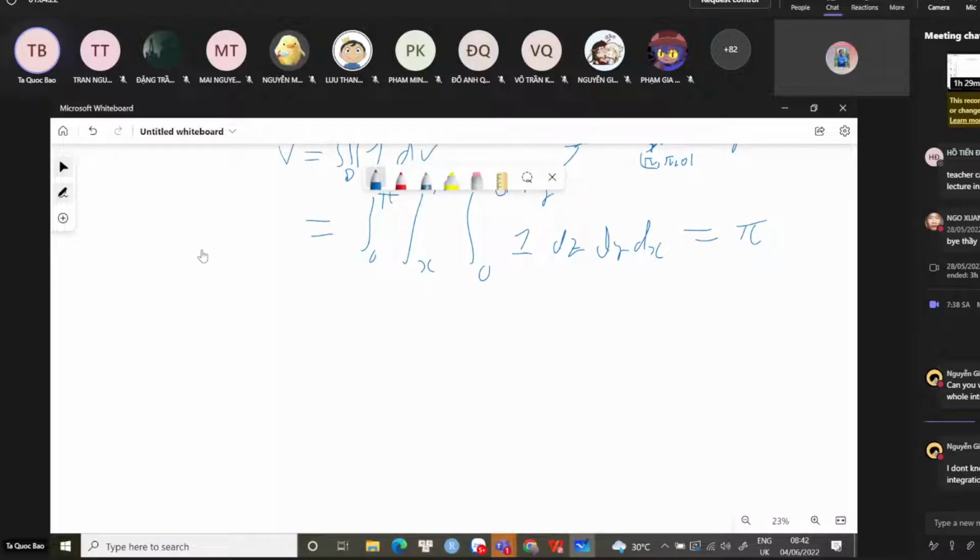So for question C. Question C, now we can draw the region D. So it should look like this.